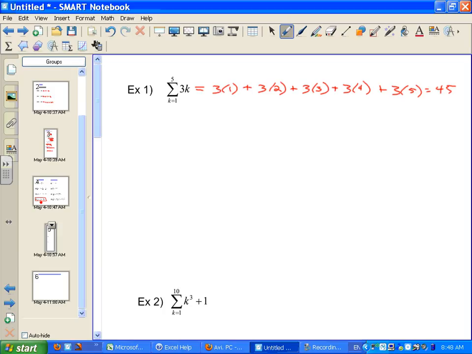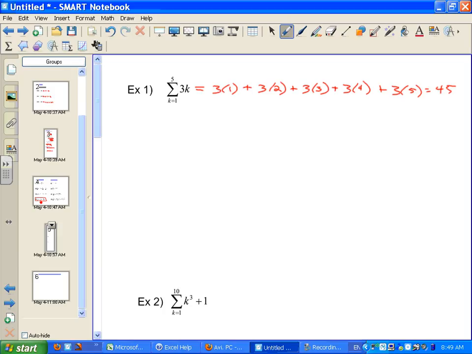All right, so now I can do a couple different things here. First, I can use the properties that I gave you guys. What's a property that I can use here? I think there's more than one.